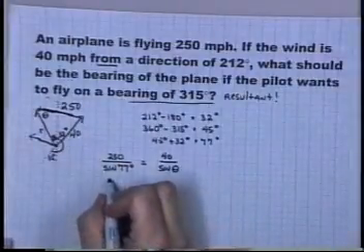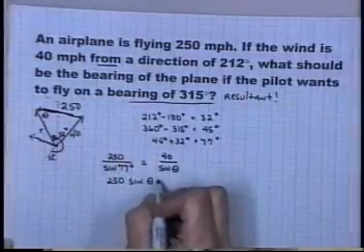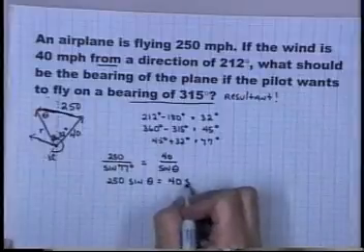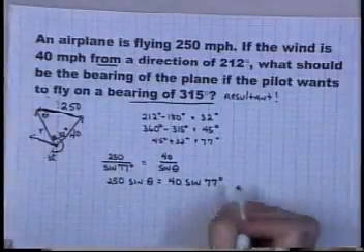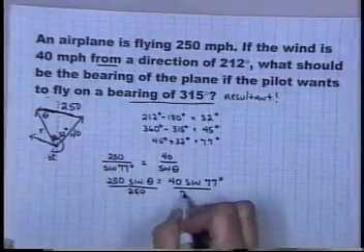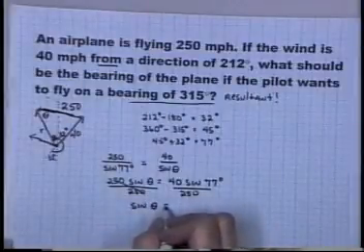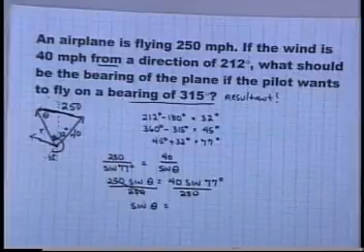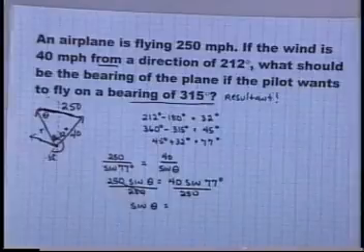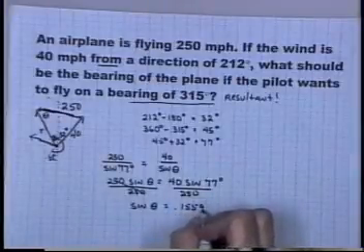First, I've got 250 times the sine of theta equals 40 times the sine of 77 degrees. So again, we're going to divide by 250, and we will get the sine of theta. 40 times the sine of 77 degrees divided by 250 is about 0.1559.